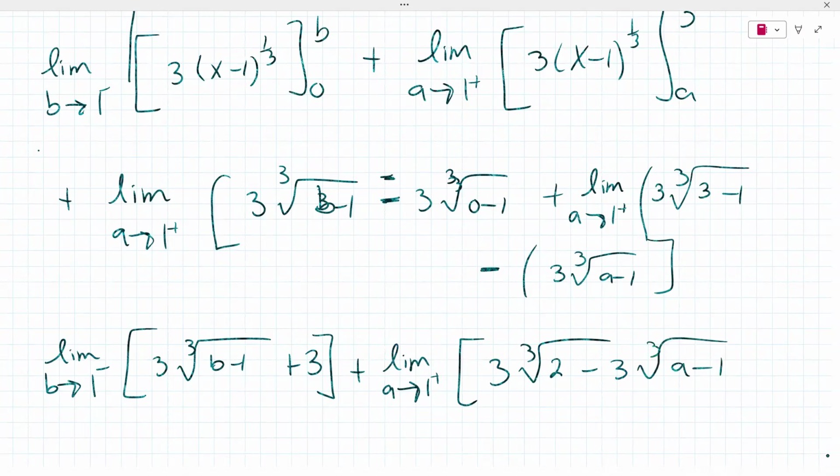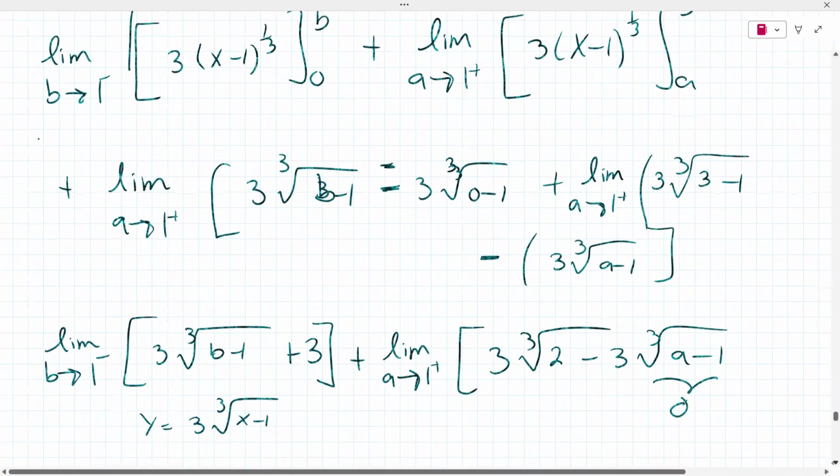So this right here, that's going to be 0. When you plug in 1 for a, that's going to be 0. So now you're left with y equals 3 cube root of x minus 1.